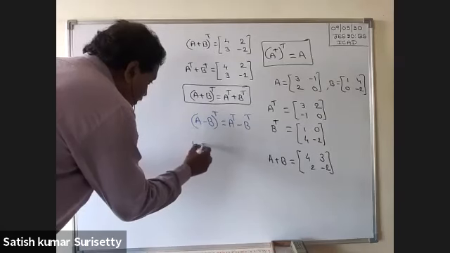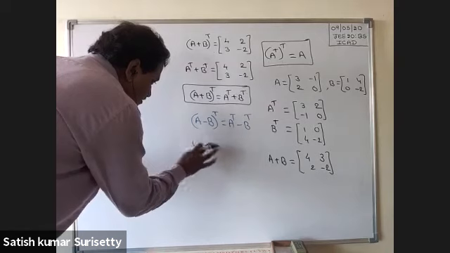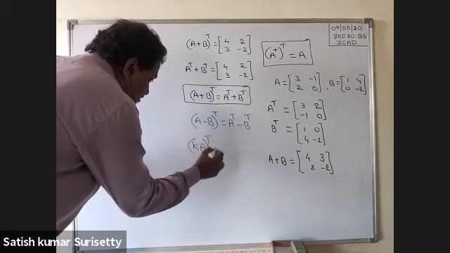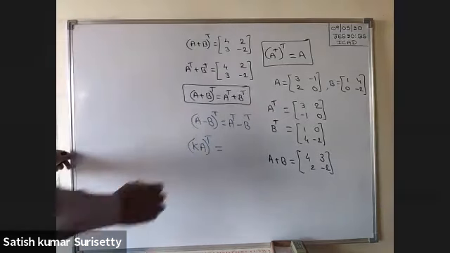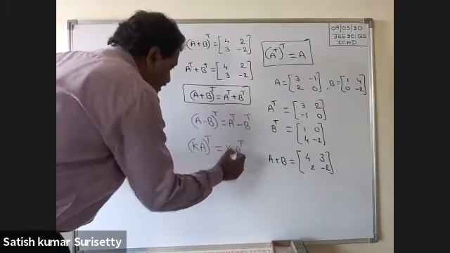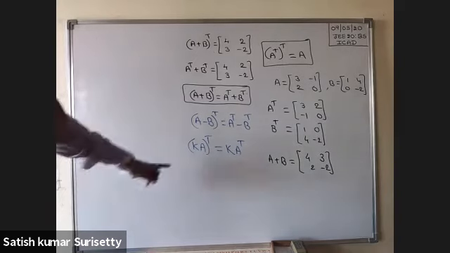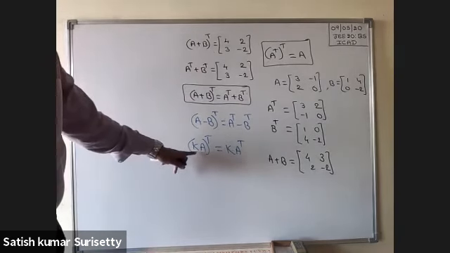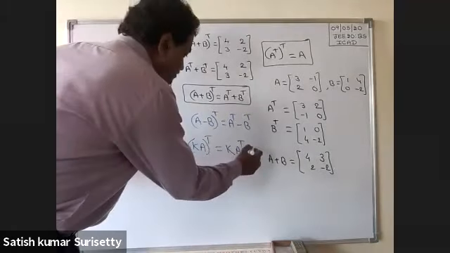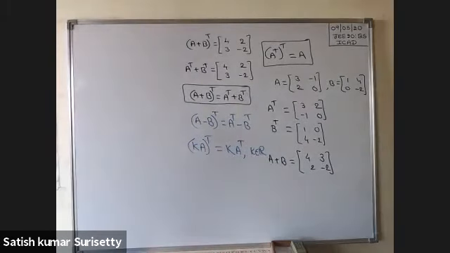Now let us check K into A transpose. K into A whole transpose, is it equal to K into A transpose or not? That is, first you calculate KA, where K is a real number.